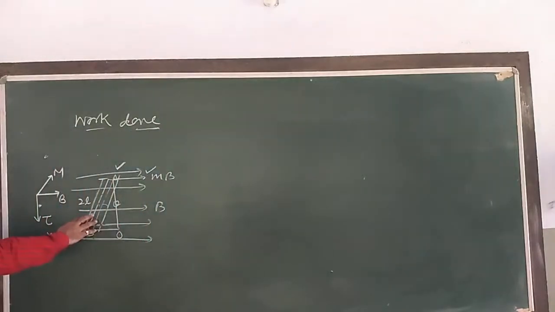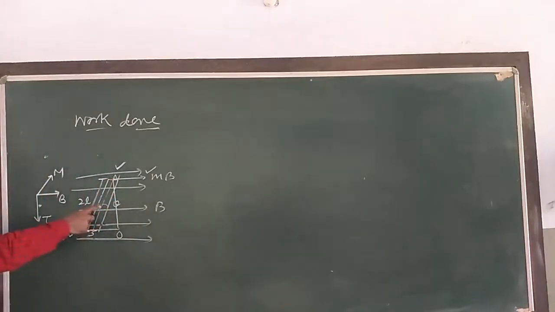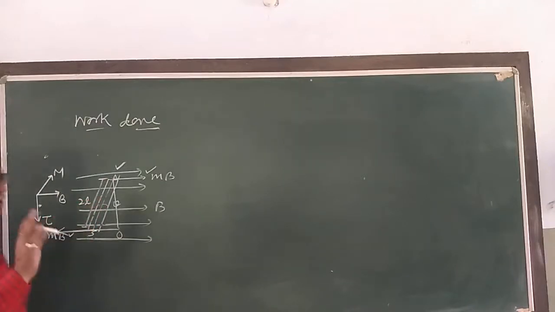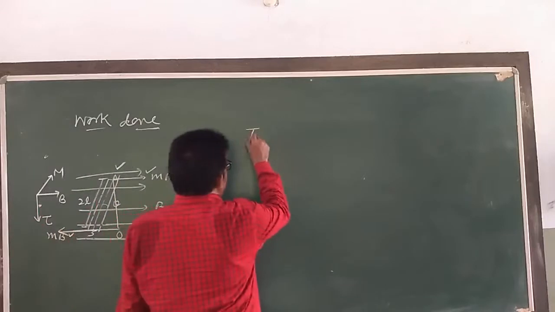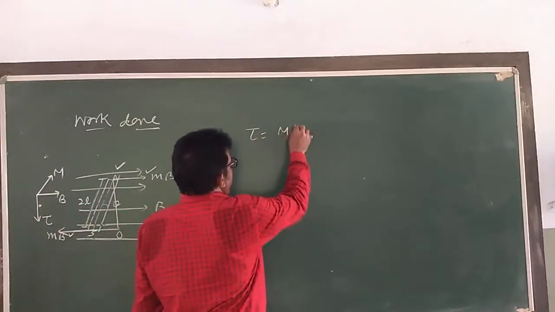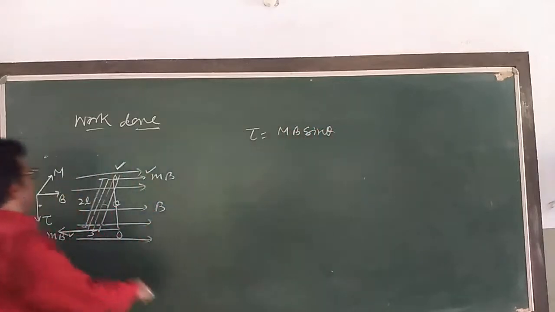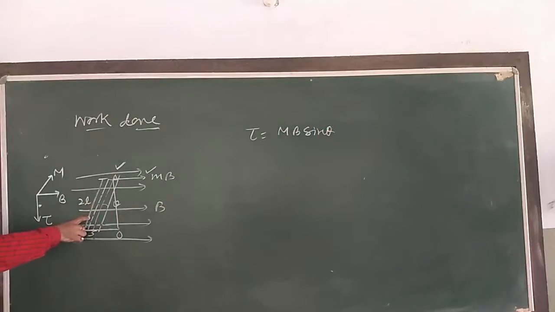So, dear children, when a bar magnet of dipole moment m is kept in a uniform magnetic field, it experiences a torque, which we have just derived, that is mb sin theta. That torque tries to align it parallel to the direction of the field.